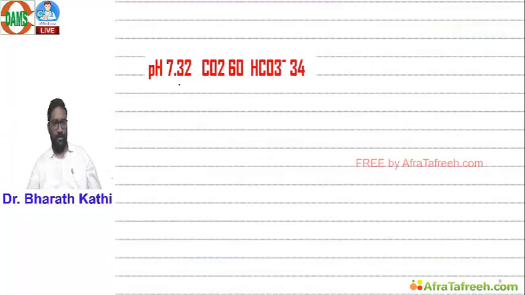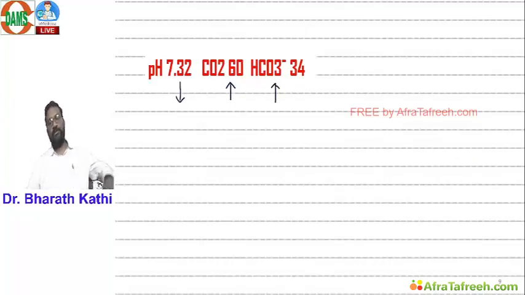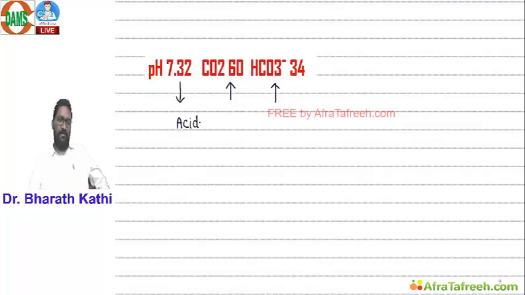Draw arrow marks. pH reduced, CO2 increased, bicarbonate increased when compared to normal values. Anywhere a decrease in pH should be called acidosis. This everybody will identify because pH has decreased.